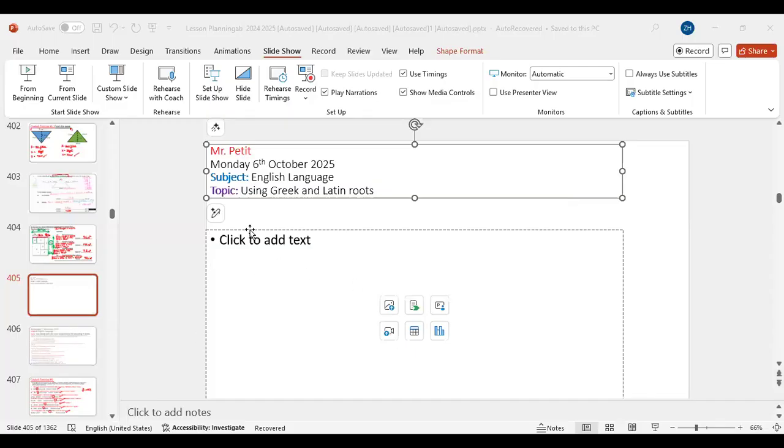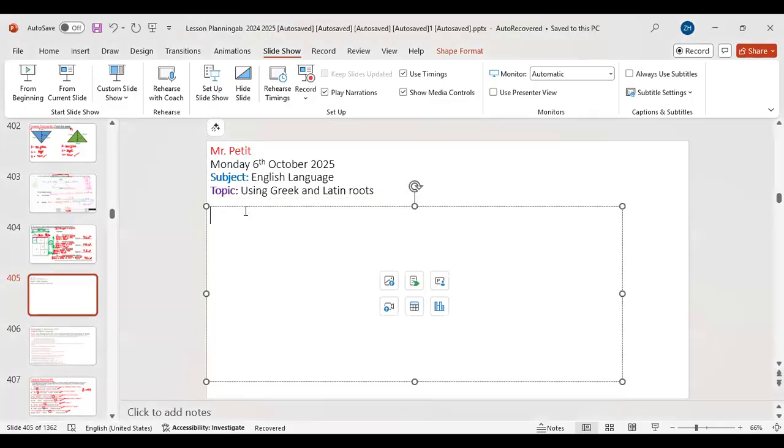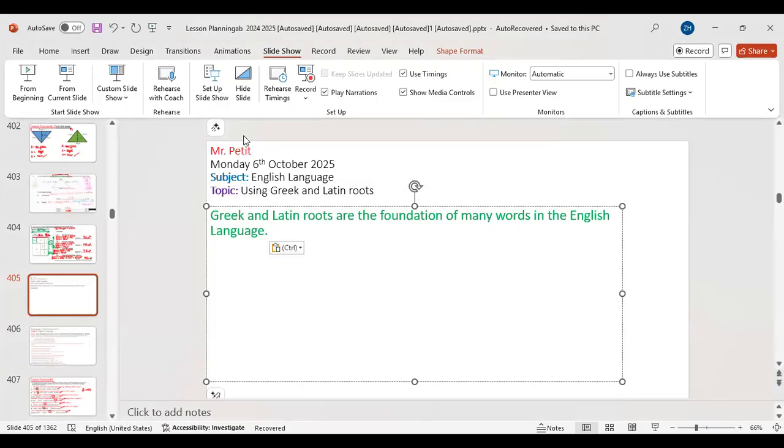All right, let me just do a little introduction before I get into the words. Greek and Latin roots are the foundation of many words we use in the English language.